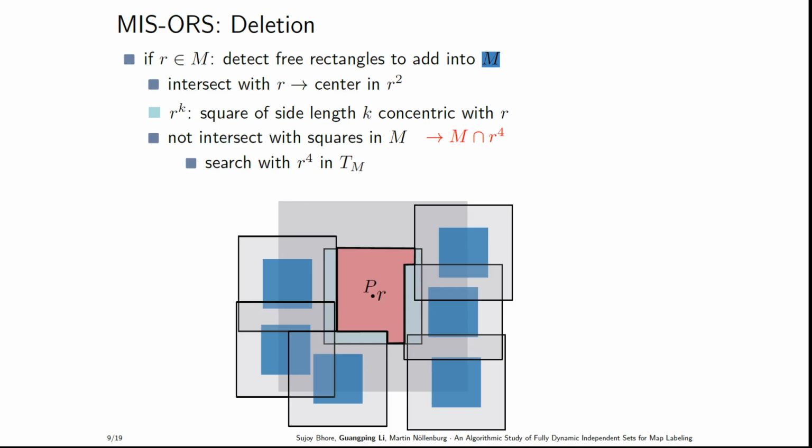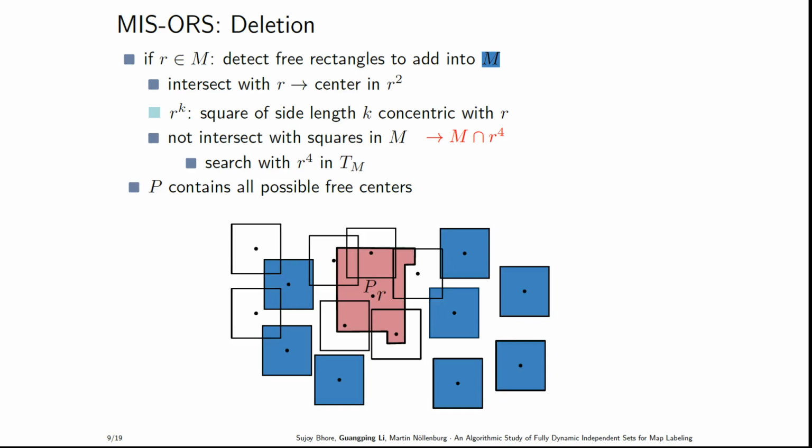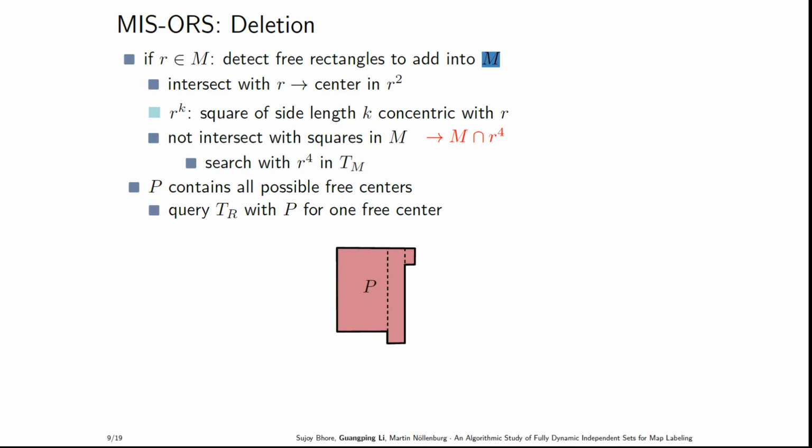Then we query tree R with polygon P. Notice here, we need to partition this polygon P into rectangles, and then we could perform orthogonal range queries with these rectangles.